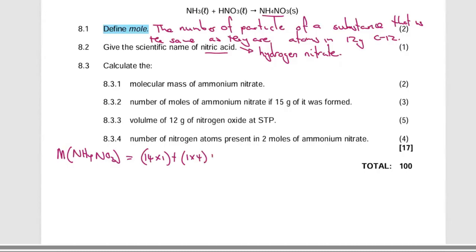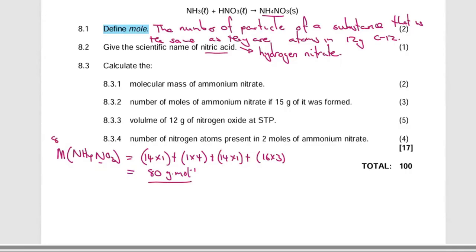Then nitrogen again, only one, so 14 multiplied by 1, plus the final one, oxygen, which is 16, and we have 3 of them, right? If we do our math, we get a value of 80. The units of measurement should be grams per mole, right? So this is how we get our molar mass.